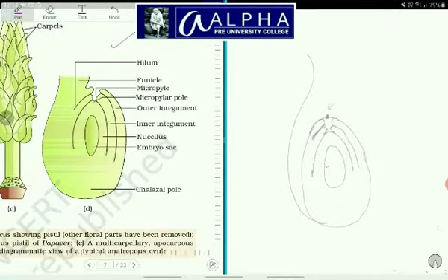Now you write another line like this, right? So now the structure of a typical Anatropous ovule is ready.